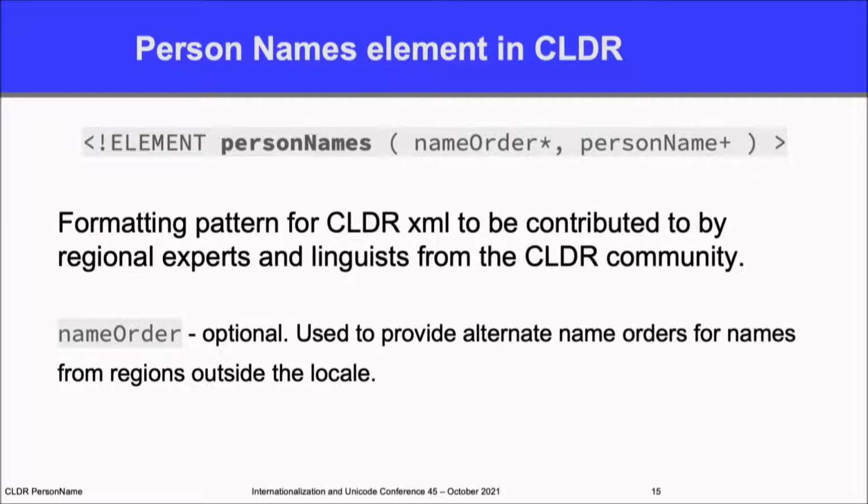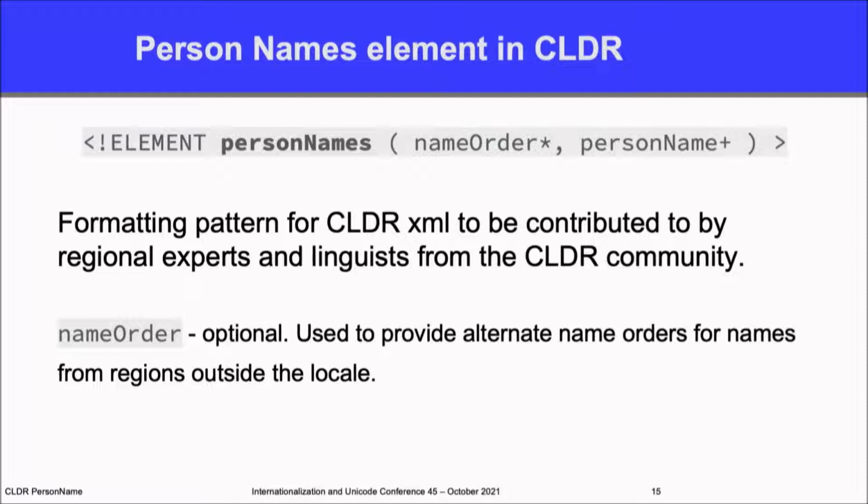So once you have your name object and the various fields determined, then they can be submitted for formatting. So there are various elements in how those formats are described. There is a container field called person names, plural, and that will contain two parts inside of it. One is name order, which has a default, if not specified, which has given name first, and also allows you to specify other elements in your larger person names object.